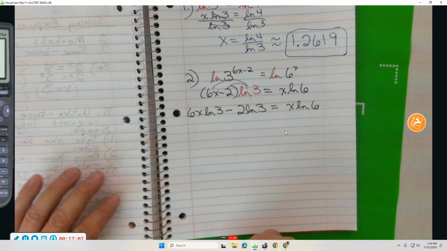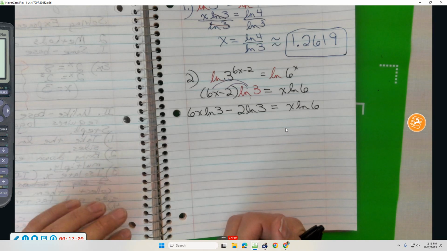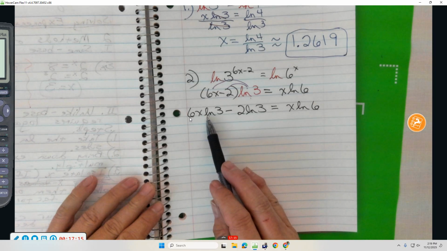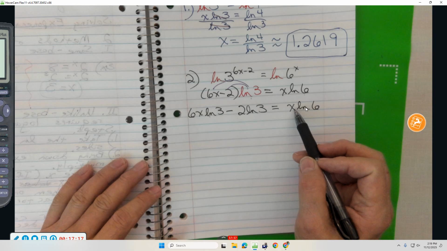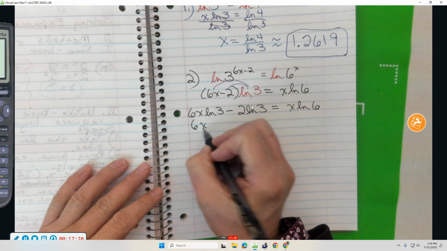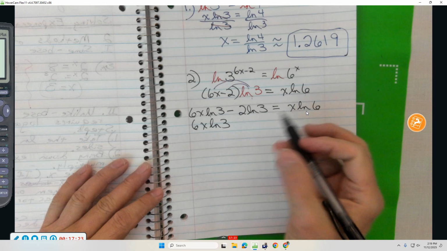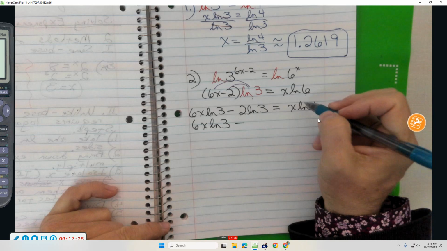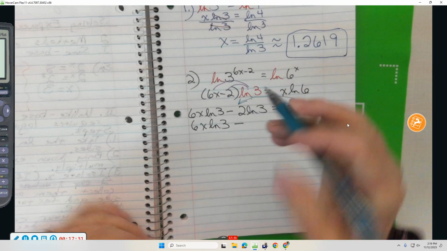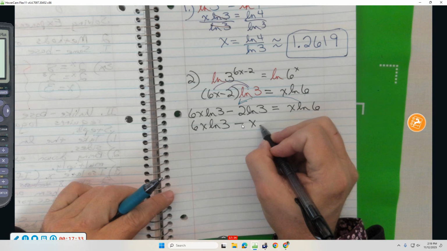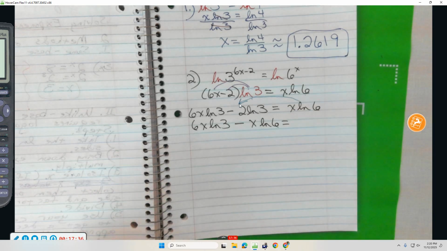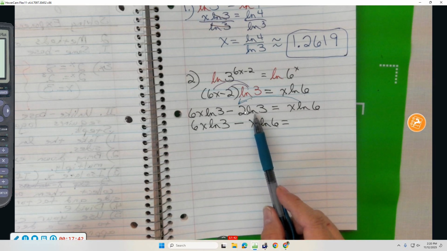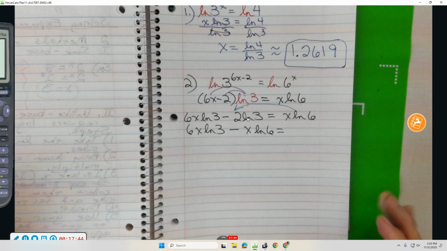I think I'm going to collect all of the x terms on the left side. I already have a 6x ln3 here. I'm going to subtract x ln6 to get it on the same side as the other x term. What am I going to do to that minus 2 ln3?